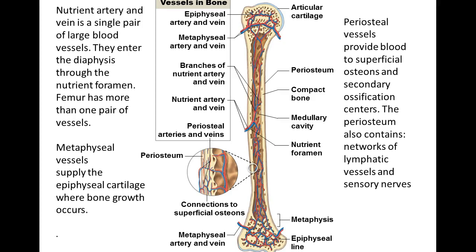So it's not just on the outside, but interspersed throughout the entire bone in terms of nutrient development and delivery to that bone. And also the lymphatic vessels. We'll pick this up next time.